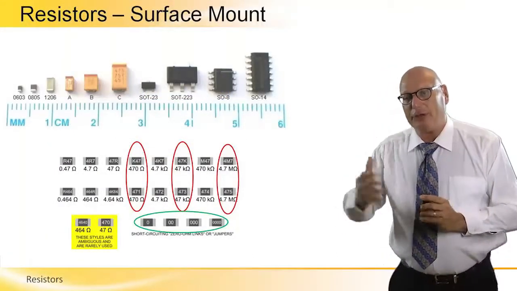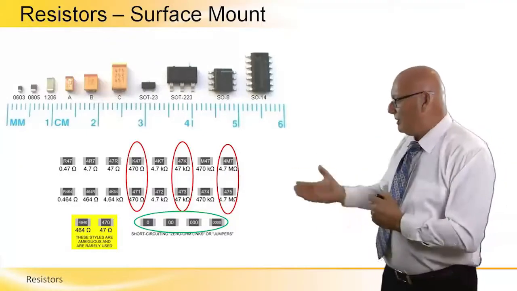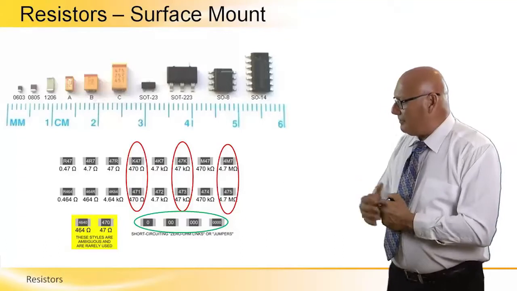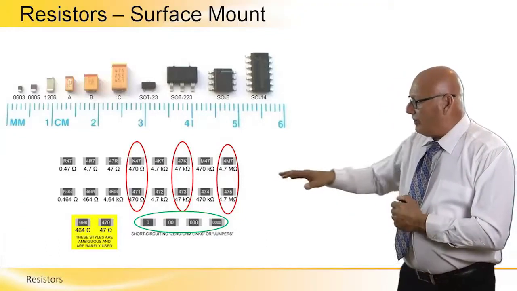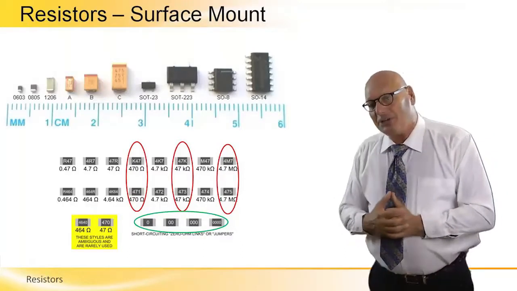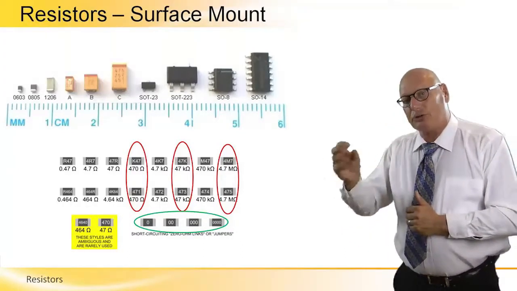And here is the family of the surface mount. Let's look at the picture. Even to measure it in millimeters, very easily you can see the variety of the SMT resistors, surface mount technology resistors.